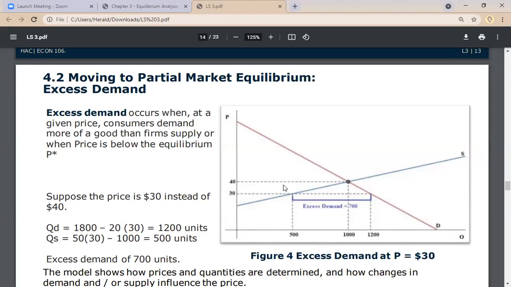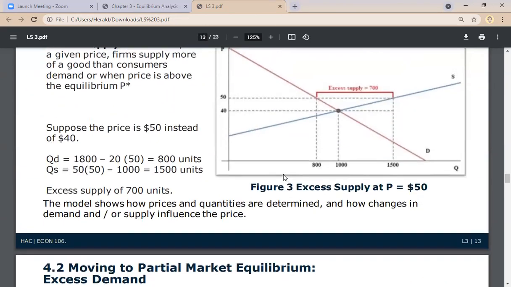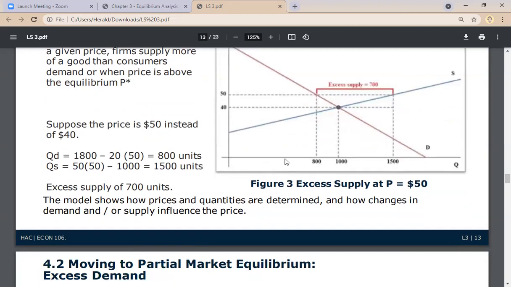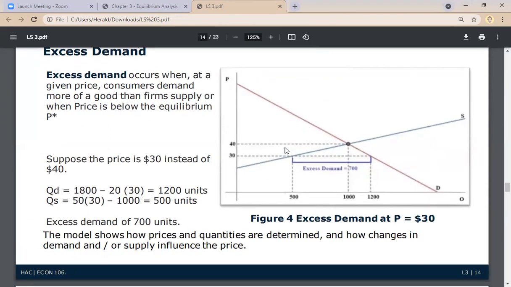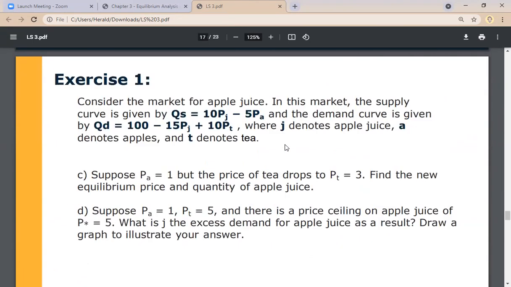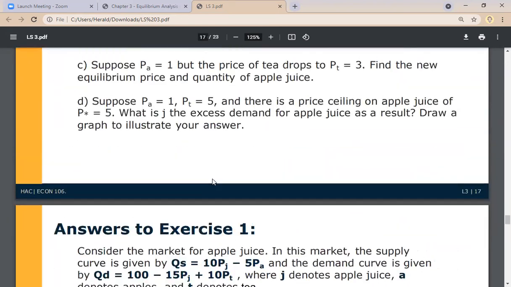Okay? All right. Question, class, about what will happen if there is disequilibrium? All right. So this is already the general market equilibrium.